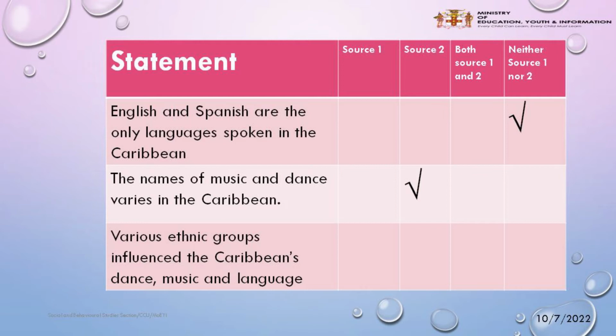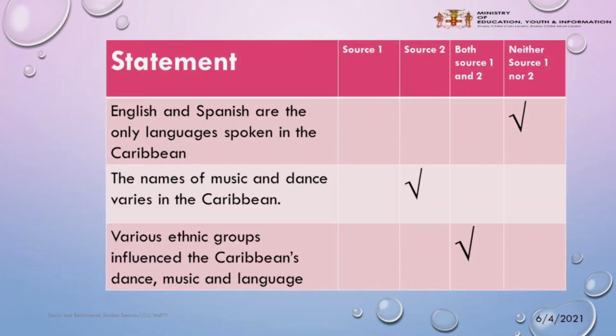Or is it neither source 1 nor 2 supports this? Your answer? That's right. Sources 1 and 2 do support this statement. And of course, we will indicate our answer with ticks inside the box.